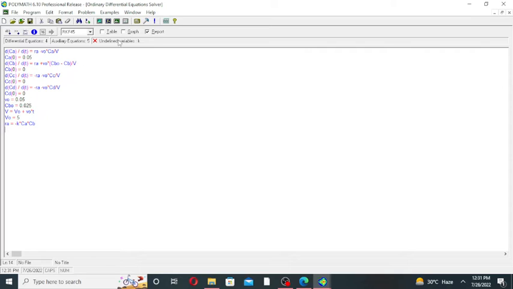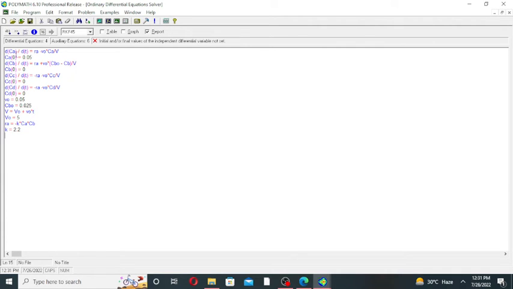Now define K. K is the reaction rate constant. The value of the rate constant for this isothermal reaction was given as 2.2 dm cube per mole second. So K is defined. Now enter the initial and final value of the independent variable.